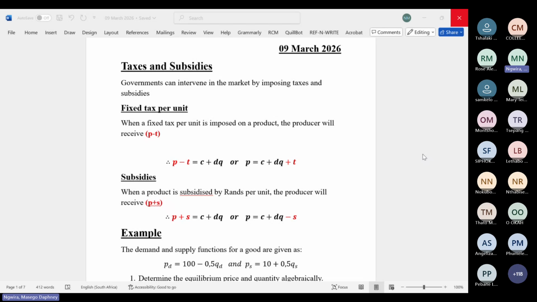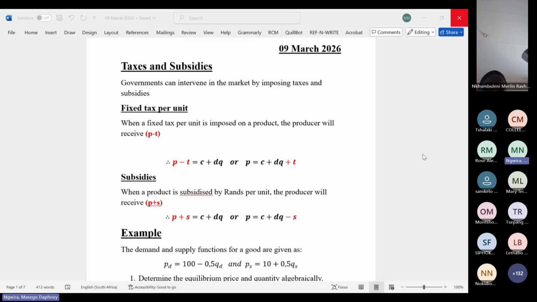It says here, note, in this module we only consider fixed tax per unit. We assume that the consumer always pays the equilibrium price while the supplier receives the equilibrium price minus tax. We're going to start with fixed tax per unit.